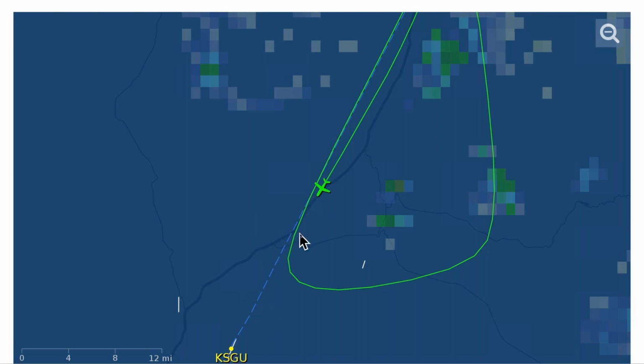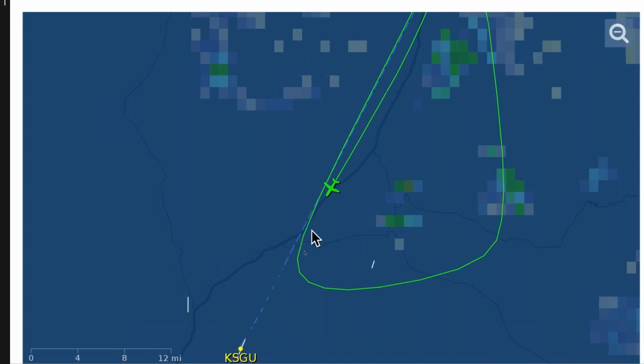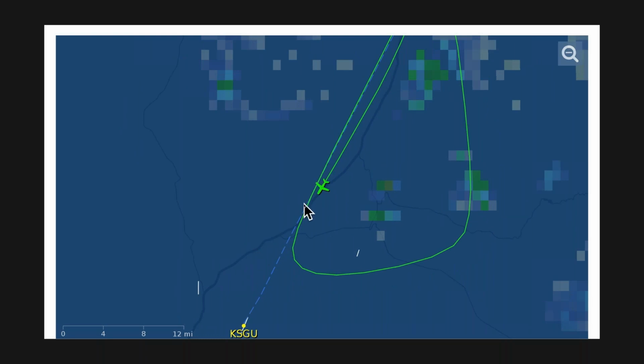But right as she started her descent, the visibility just started dropping and rain started, and then as soon as she turned to do her go around, the fog was lifting and the ceilings rose really quick. So that's what we call a missed approach. If you guys were ever wondering what it looks like on radar.